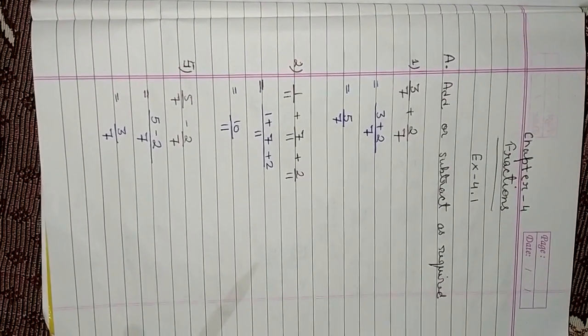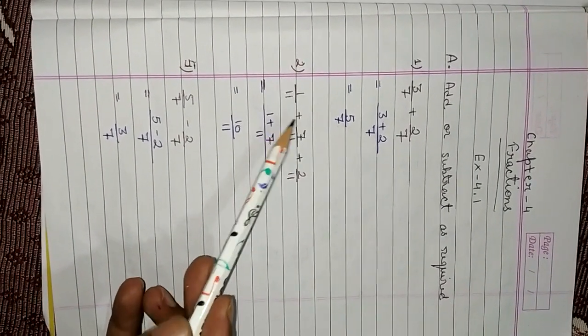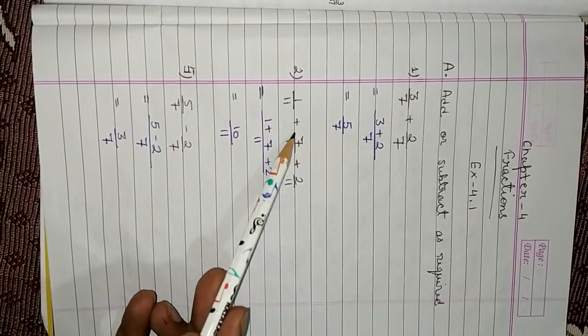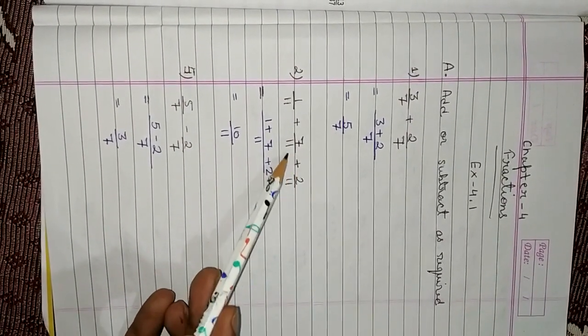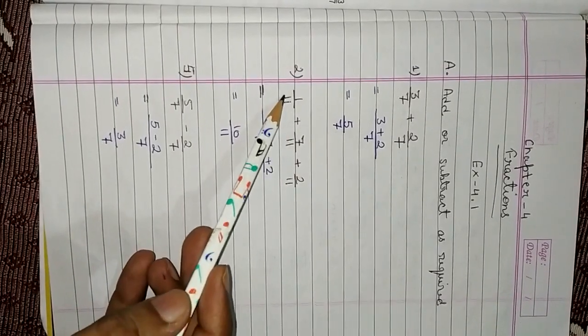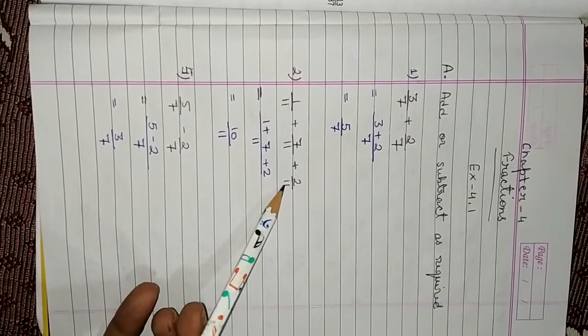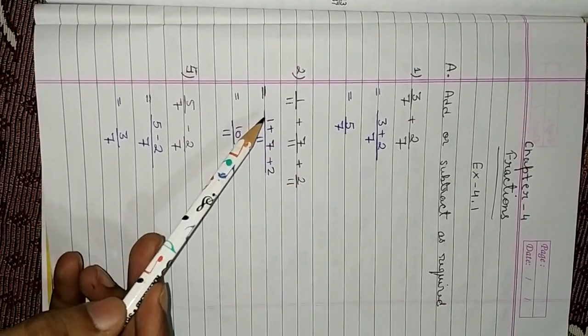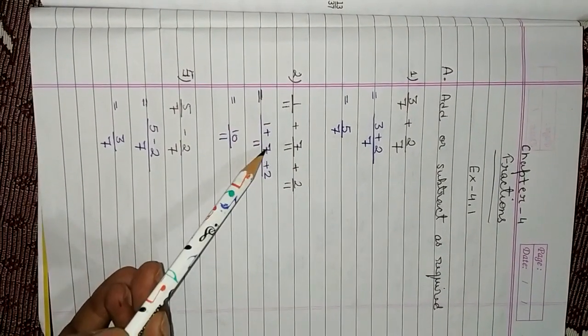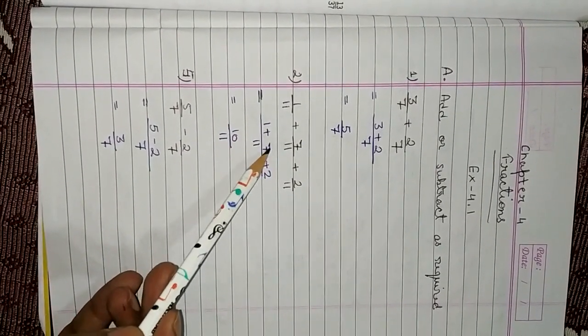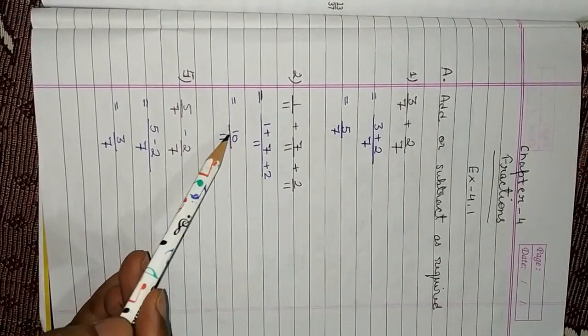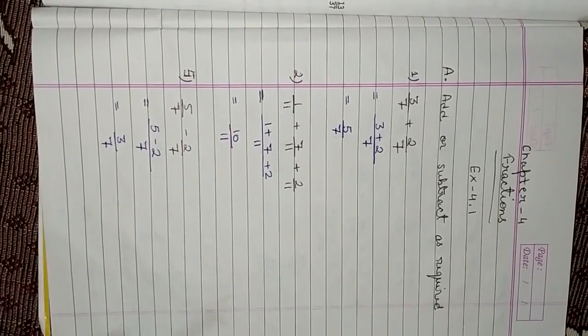In question number 3, 1 by 11 plus 3 by 11, 7 by 11 plus 2 by 11. All three fractions are like fractions, so just add the numerators. 1 plus 7 plus 2 is equal to 10 by 11.